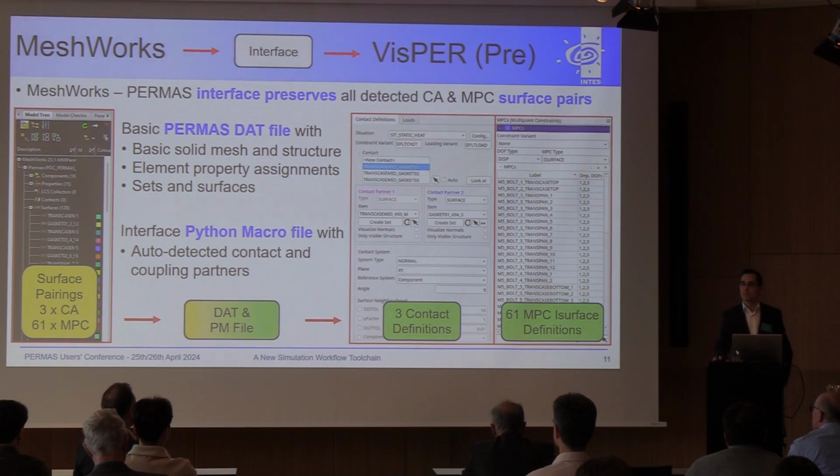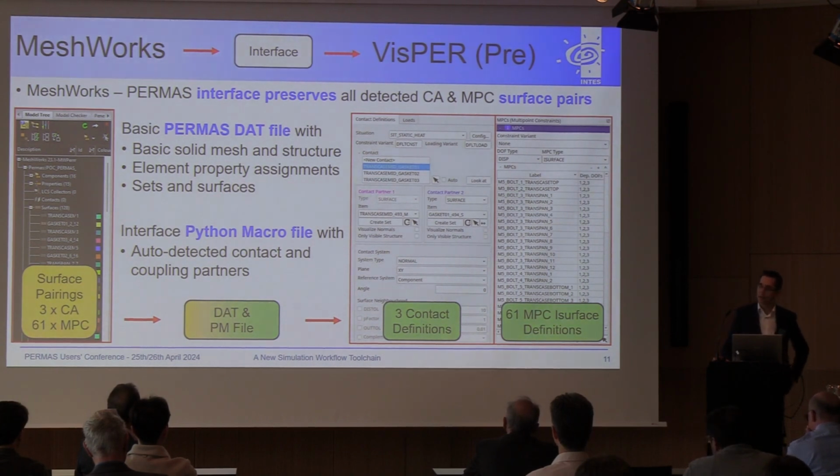VisPER is able to read those Python macro files, and if you read this DAT file and this Python macro file, you automatically get the creation of your contact definitions inside VisPER and your iSurface definitions beside your mesh. So the benefits of the automatic detection of surface pairs inside your meshing tool are transported to the VisPER functionality, and you do not have additional effort.